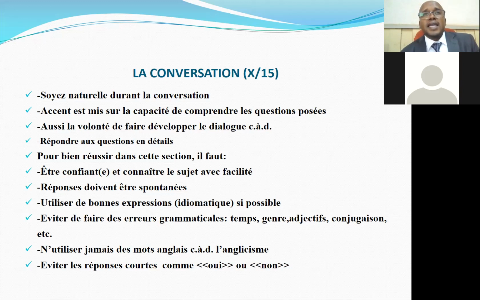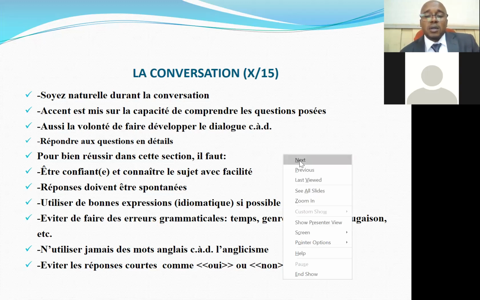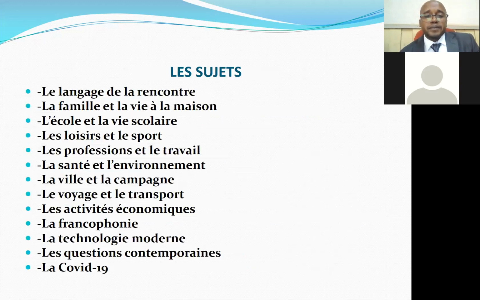Et j'aime regarder les sports à la télé puisque je suis fanatique de football. You see, I still went into detail even when the examiner pushed me to give a oui, no answer. Because if you use many oui's, then the examiner may say you belong to 1, 2, 3 out of 15.